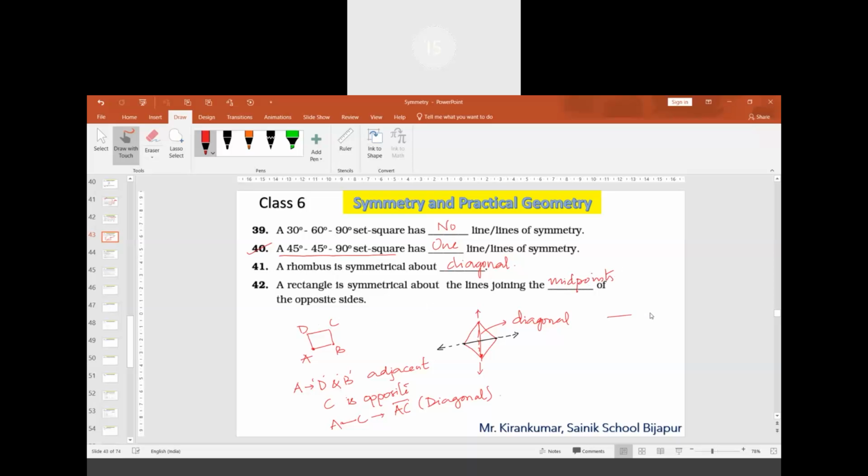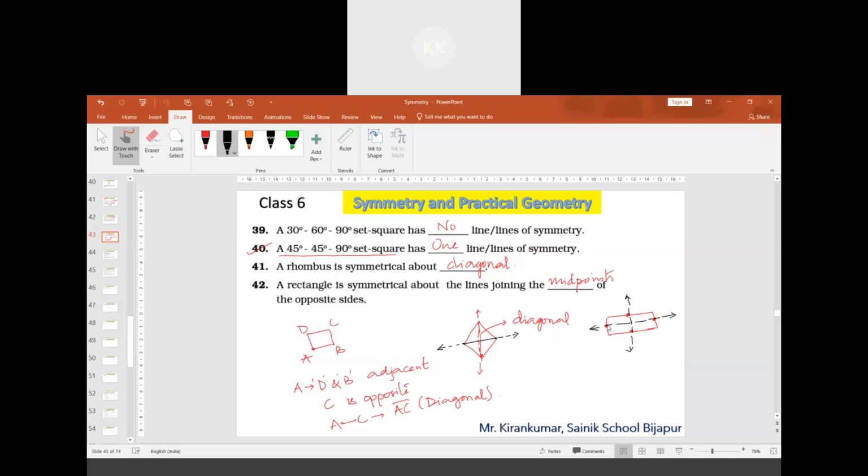If I consider a rectangle, the line of symmetry joins the two midpoints of the opposite sides, and likewise the other two midpoints. So we can have a vertical line of symmetry, and this one is a horizontal line of symmetry. So two lines of symmetry are possible.